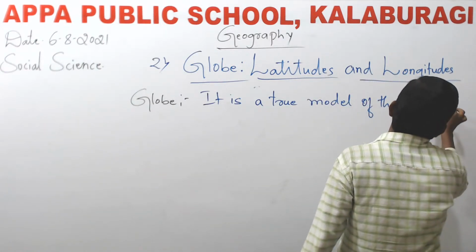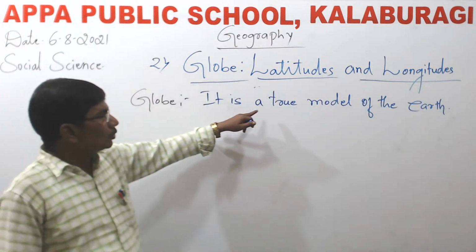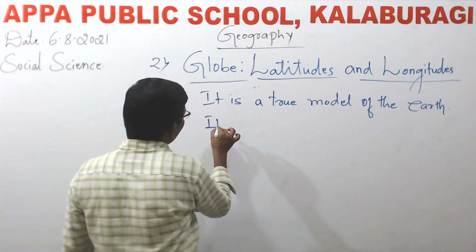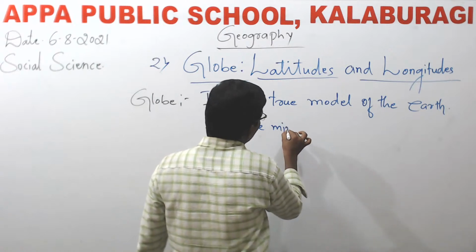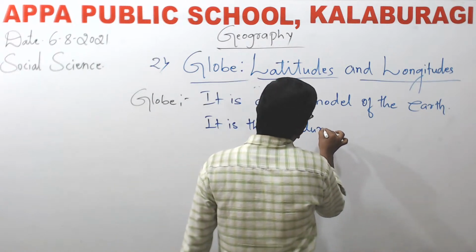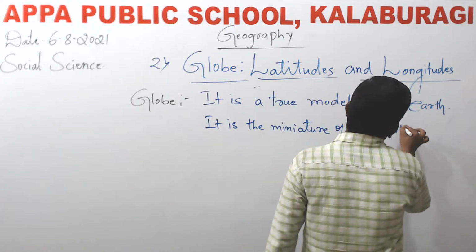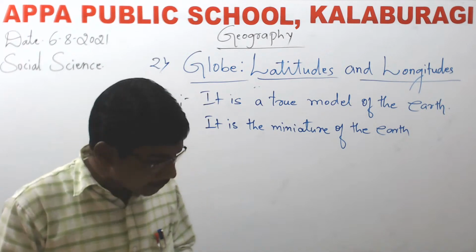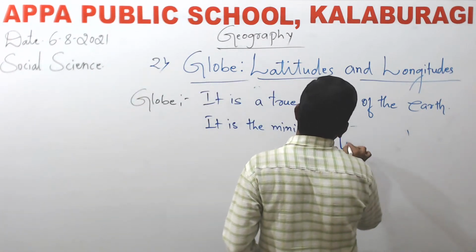Children, a globe is called a true model of the earth, and it is the miniature of the earth. Got it, children? It is the miniature form of the earth.